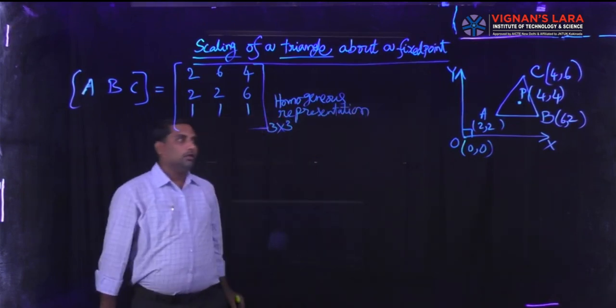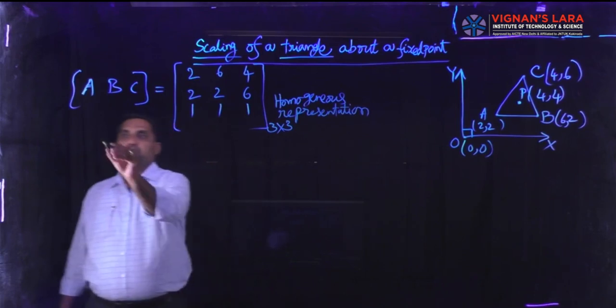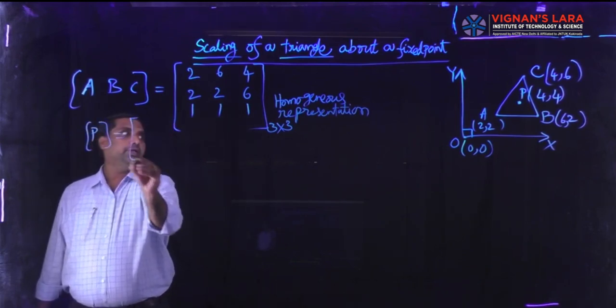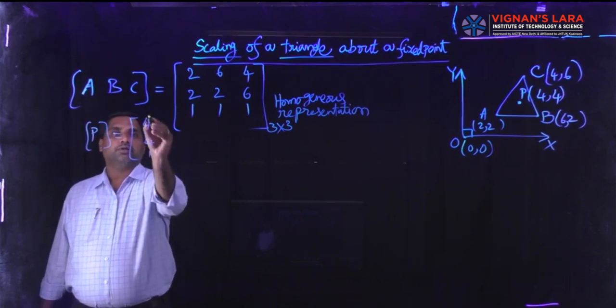After this, the point P also we have to write in matrix form. Point P is 4, 4, 1.